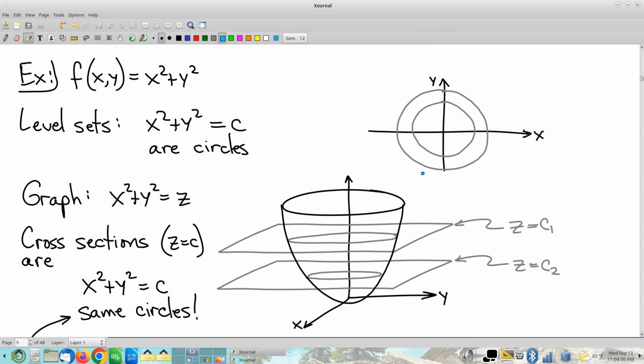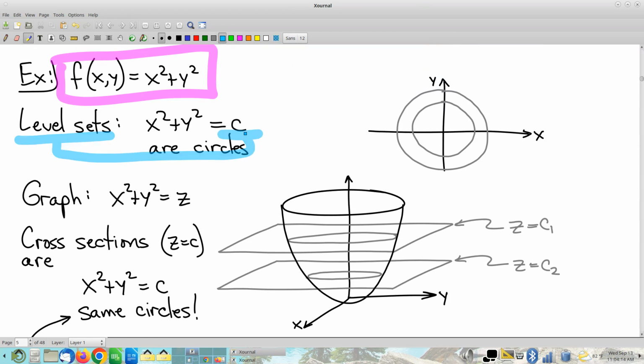Here is a multivariable function of 2 variables. Level sets: what you get when you set the function equal to a constant. Level sets are these various curves. The graph: what you get when you set the function equal to a new variable.